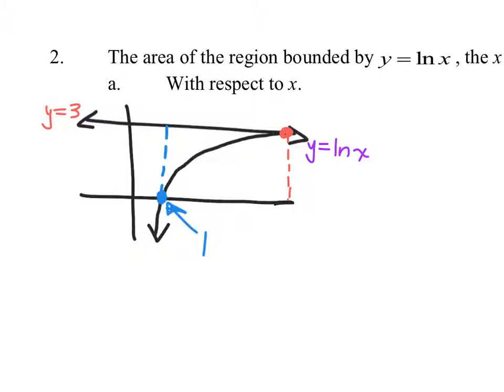In terms of x, we don't have that yet, but I know y is equal to 3, so I could say that 3 equals the natural log of x, making x equal to e to the 3rd power. All right, so that gives me a bound for this region, e to the 3rd power. So the actual coordinates for this point are e to the 3rd, comma, 3.